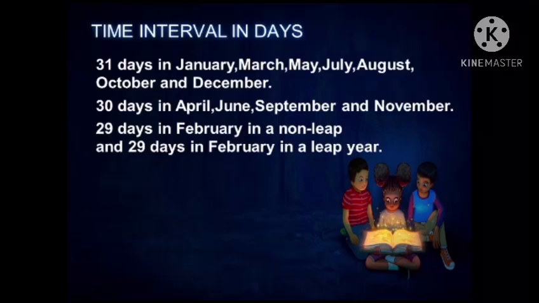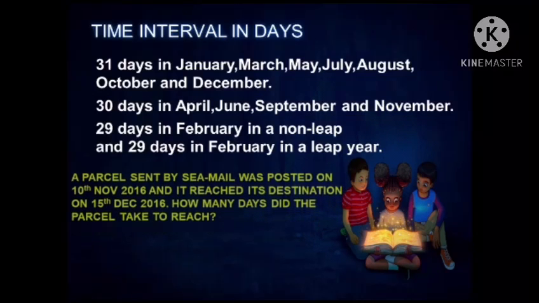So normally we get 28 days, but once every 4 years we will get 29 days. So 31 days in January, March, May, July, August, October and December, 30 days in April, June, September and November, and 28 days in February, and 29 in February based on leap or non-leap years.